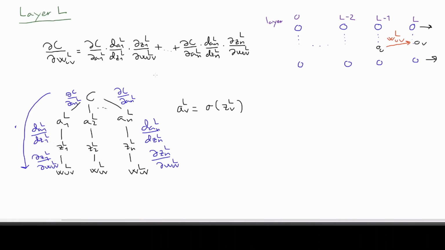Now to write this more compactly, we can just write a summation from i to n of the partial derivative of C with respect to an arbitrary activation at neuron i at the output layer L, multiplied by the derivative of this activation with respect to the weighted input at that neuron, multiplied by the partial derivative of the weighted input with respect to our weight.